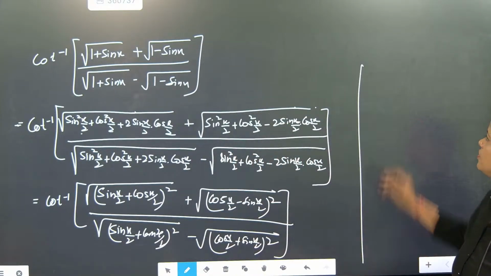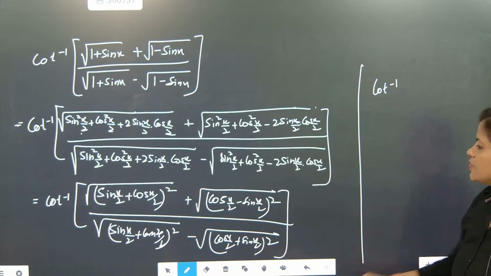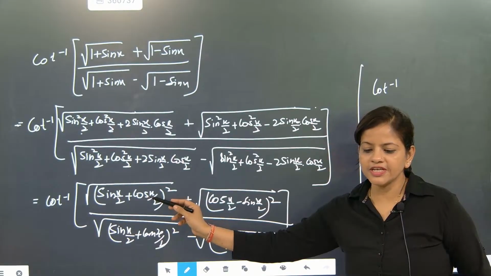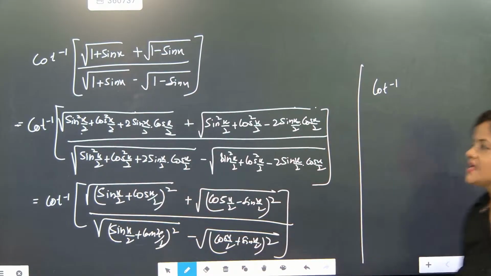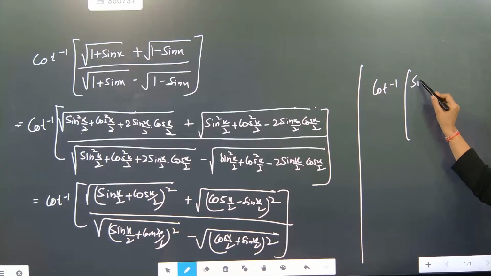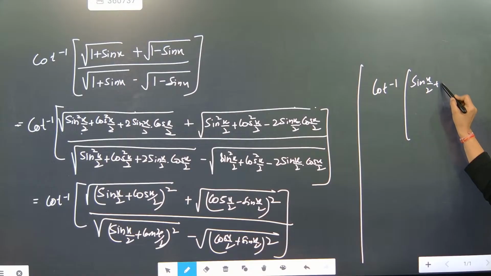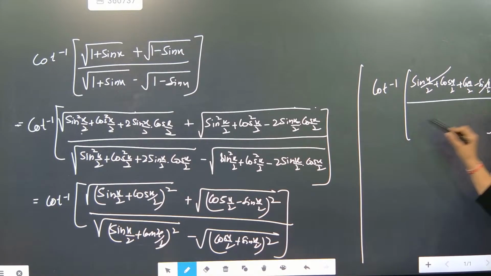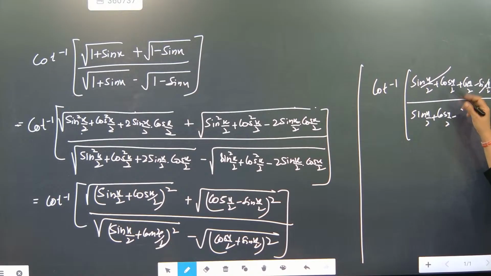Very good, Kishore is ready with all shots. So here sin x by 2 plus cos x by 2, square and root will get cancelled. So overall what will it become? Sin x by 2 plus cos x by 2 plus cos x by 2 minus sin x by 2. So this and this will get cancelled. Below, sin x by 2 plus cos x by 2 minus cos x by 2 plus sin x by 2.